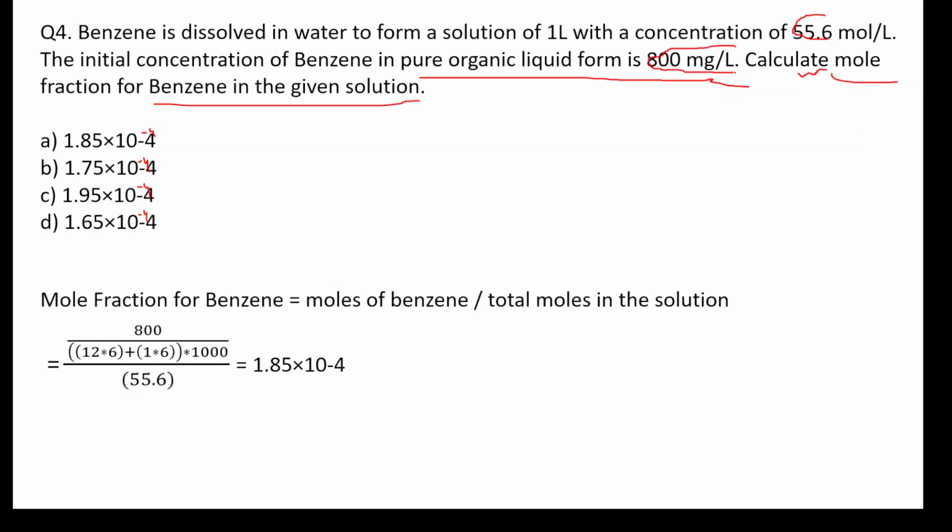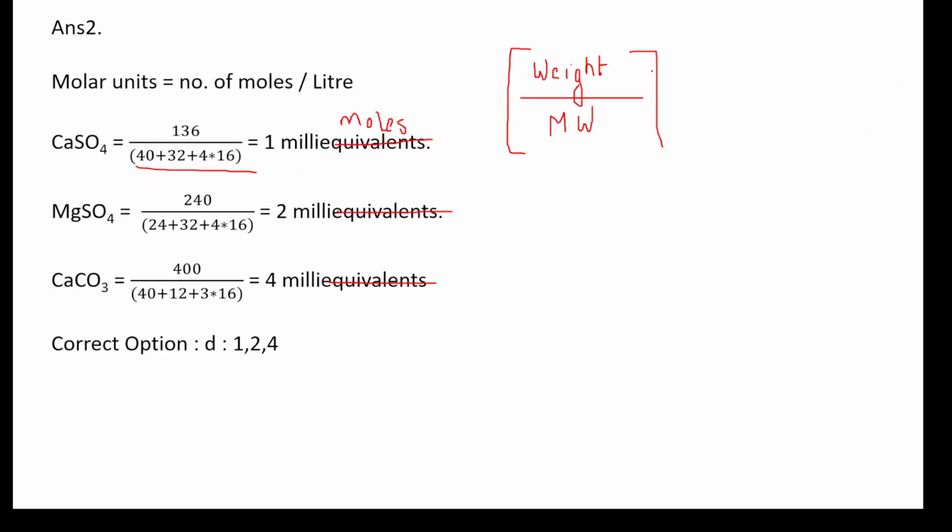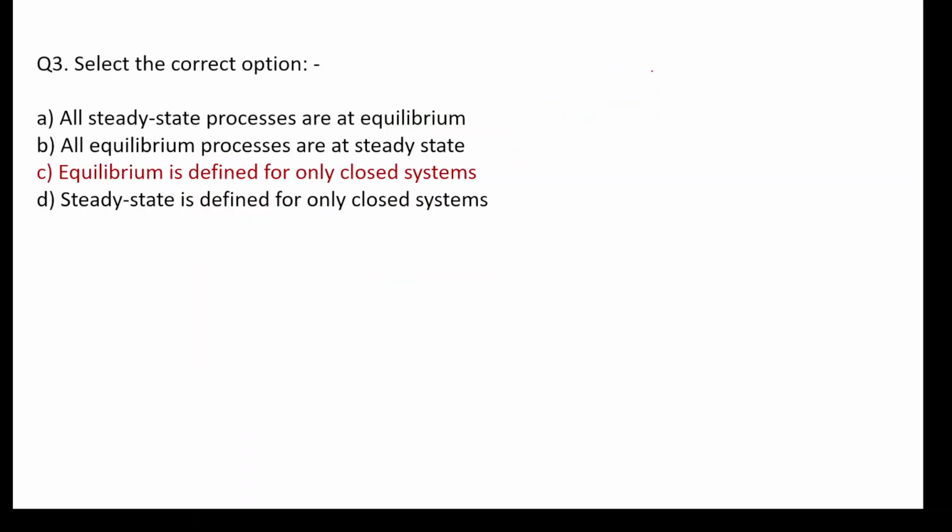So what we are doing, we are using this 800 initial concentration, and we are putting it in water to form a solution of 1 liter with the concentration of 55.6 moles per liter. So how do we calculate moles of benzene?